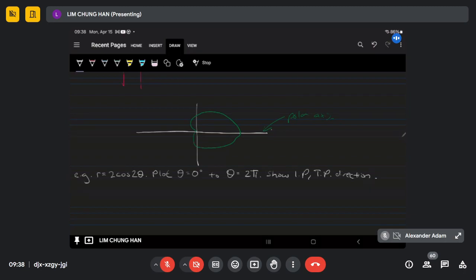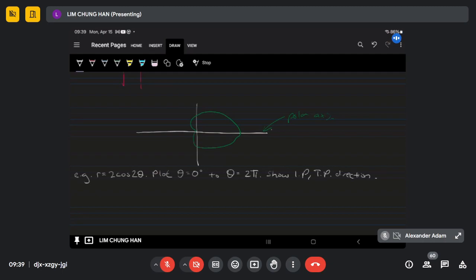Here we have another example, except the function is a bit different. But the things I want you to do are the same. Plot this function from 0 to 2 pi.